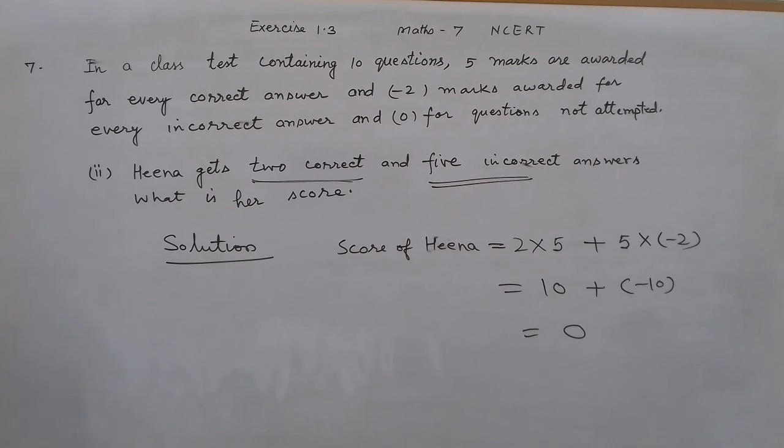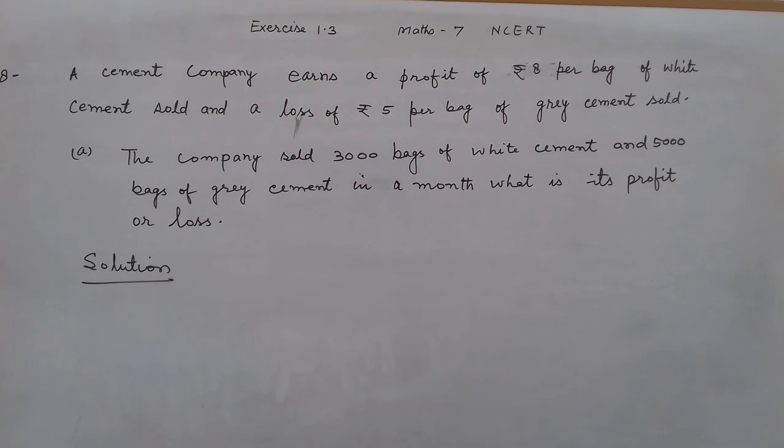Now let's see question number 8. A cement company earns a profit of ₹8 per bag of white cement sold and a loss of ₹5 per bag of grey cement sold.